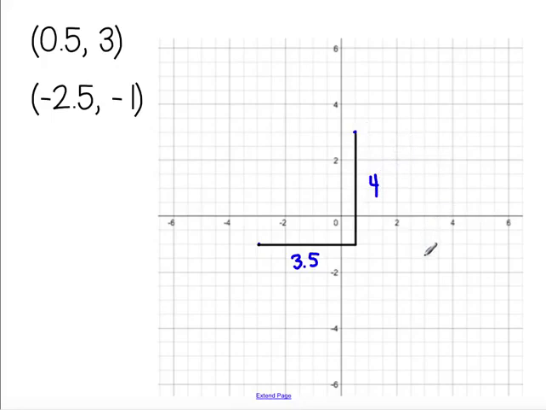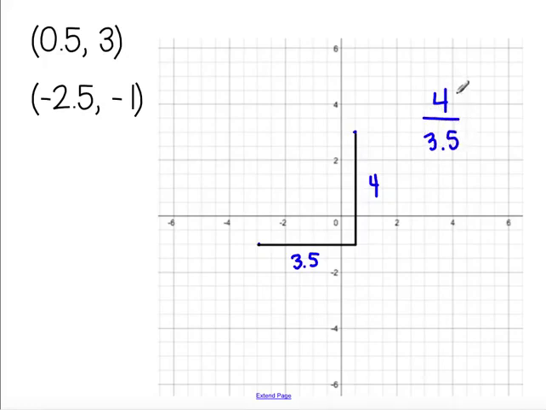And here we have our change in y, 4, over 3.5.